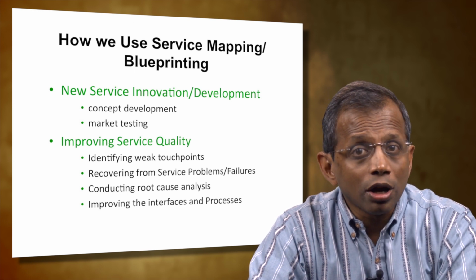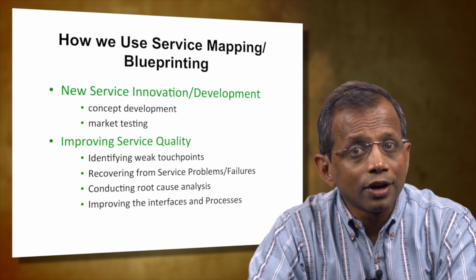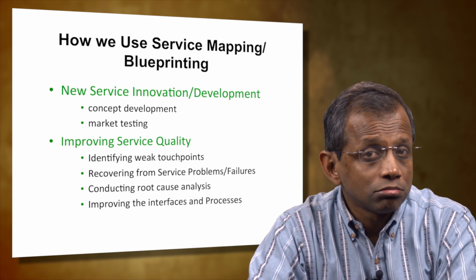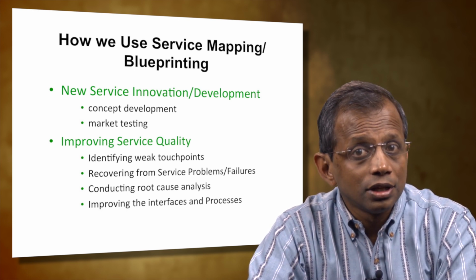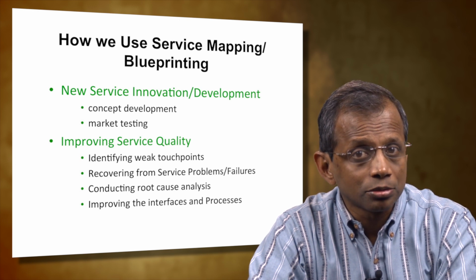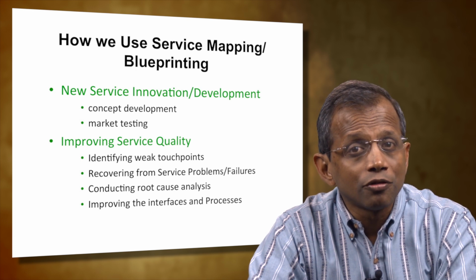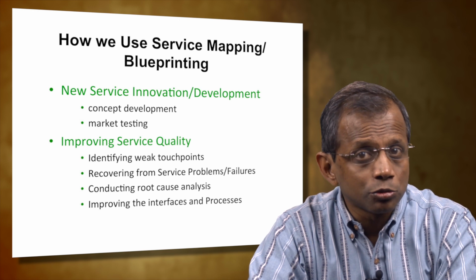In the area of quality improvement, service mapping and blueprinting can help us in identifying weak touch points, recovering from service problems, service failures, conducting root cause analysis, and improving the interfaces and the processes that support the customer.